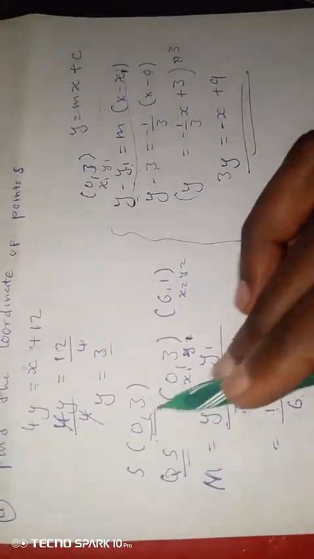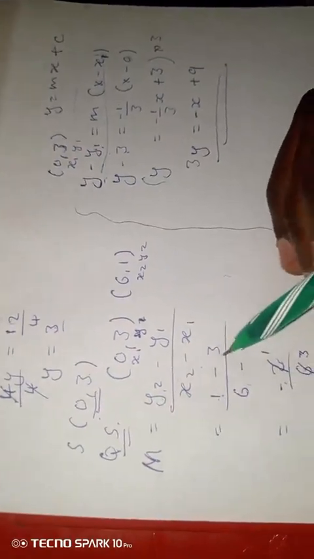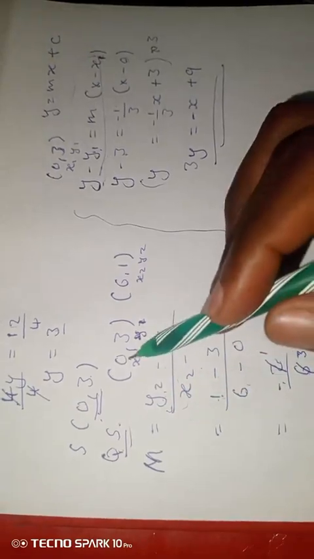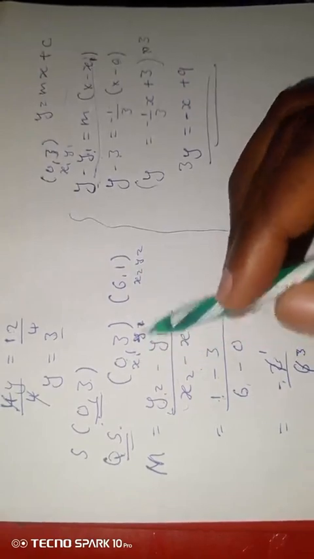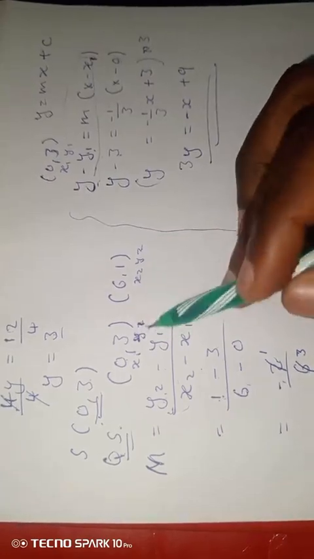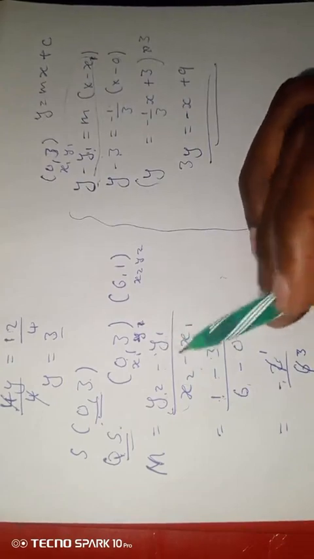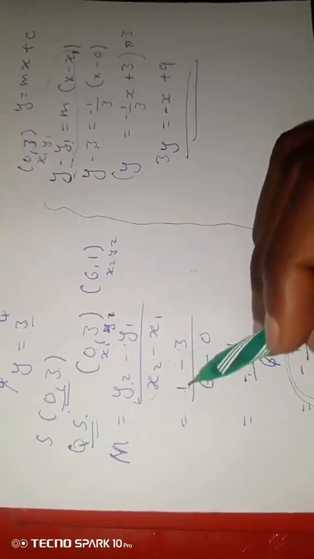Now let's use the coordinates for Q and S to find the gradient. You write the formula for the gradient. Let's assign the coordinates that we have as x1, y1, x2, y2, so that it will be easy for us to use this formula well. Our y2 is 1, put 1 there.